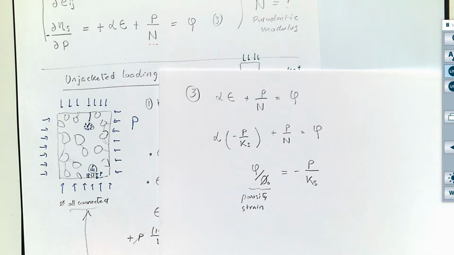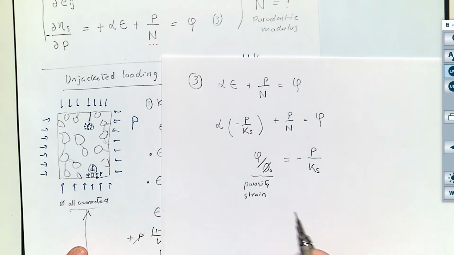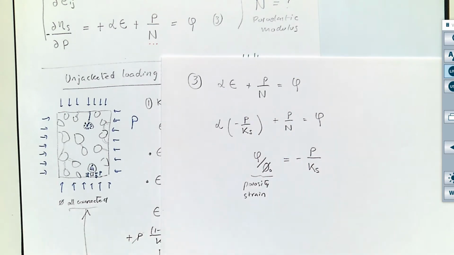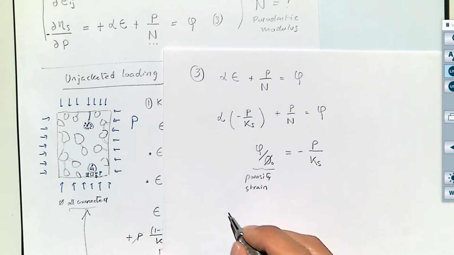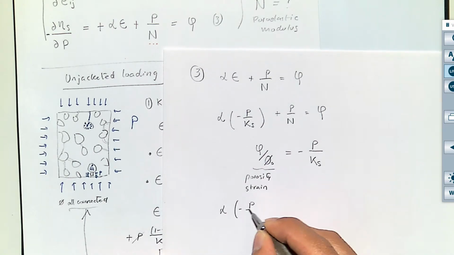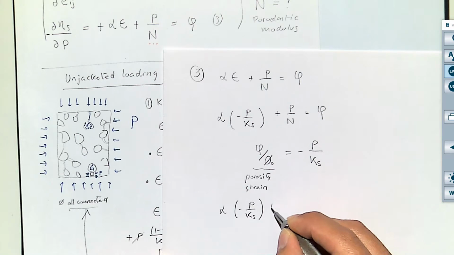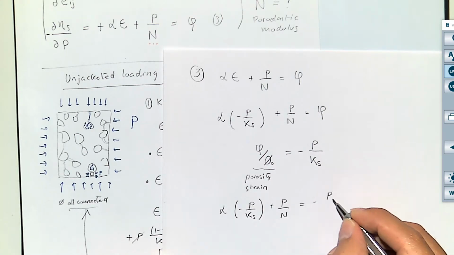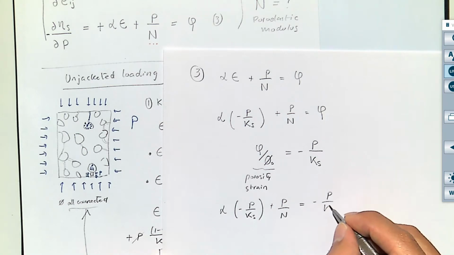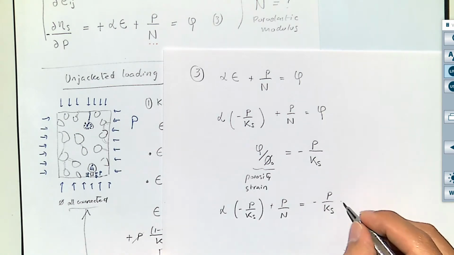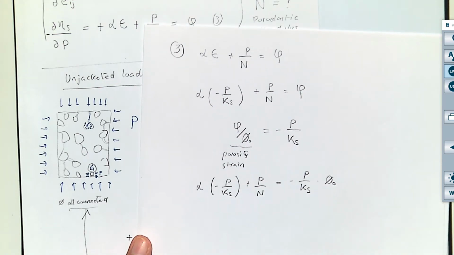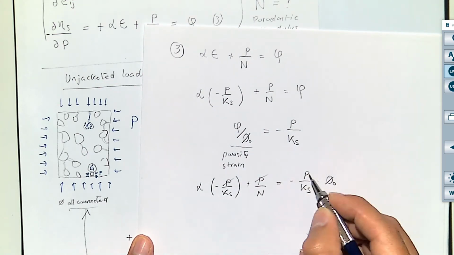Okay, so what I'm going to do now is replace this change of porosity with this new equation, and let's do that. So alpha P over Ks, plus P divided by n, is going to be equal to minus P over Ks times initial porosity. Similar as before, P is everywhere.